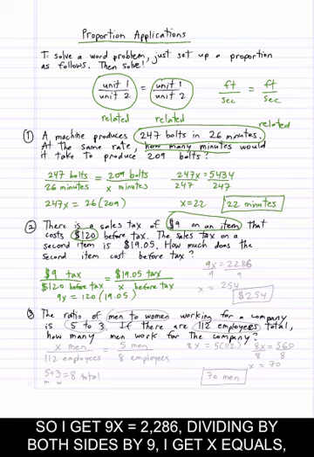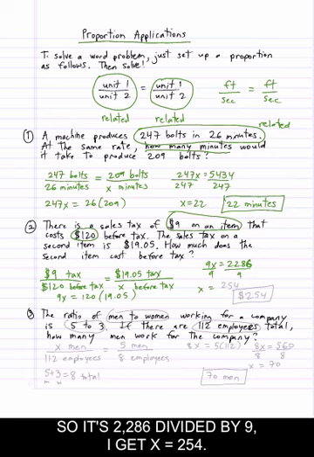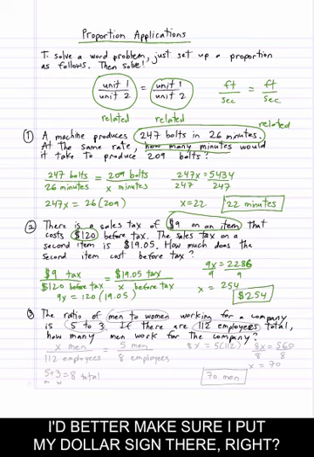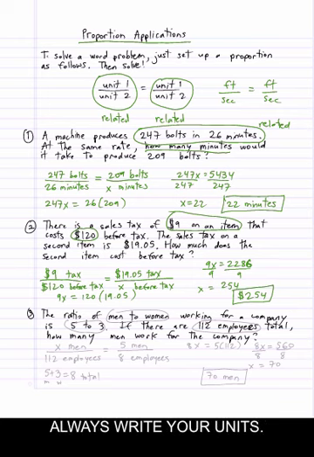So I get 9x equals 2286. If I divide both sides by 9, I get x equals, so let's do 2286 divided by 9. I get x equals 254. That means the cost before tax is $254. I'd better make sure I put my dollar sign there, right? Always write your units.